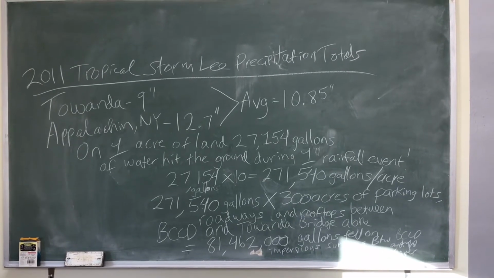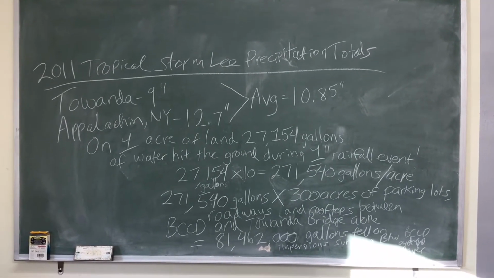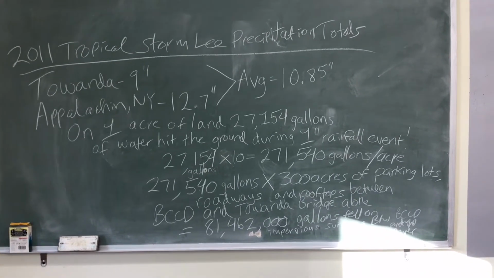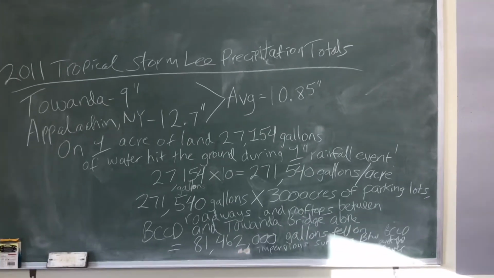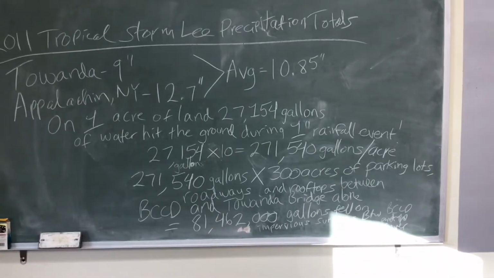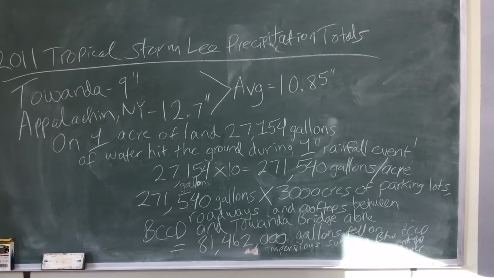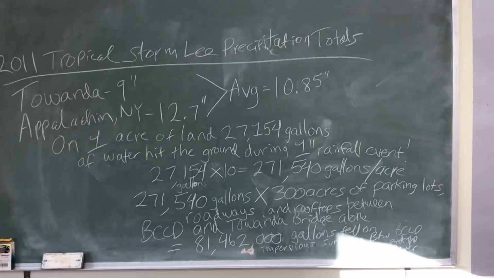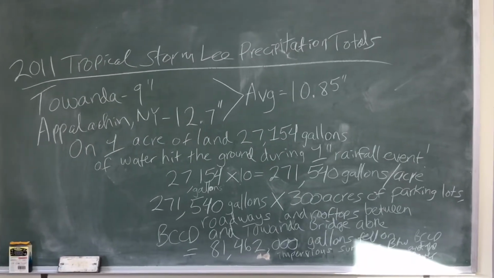And if you go on to the Web Soil Survey for USDA, you can actually calculate acreages based on satellite photos. So I went ahead and did that with the satellite imagery, and I calculated about 300 acres of impervious surfaces.